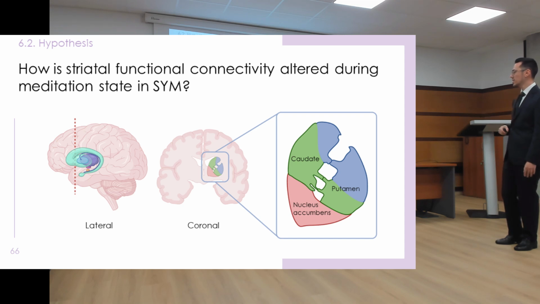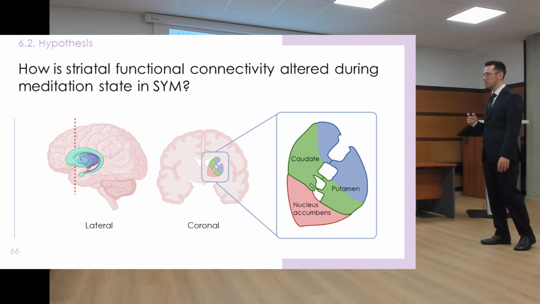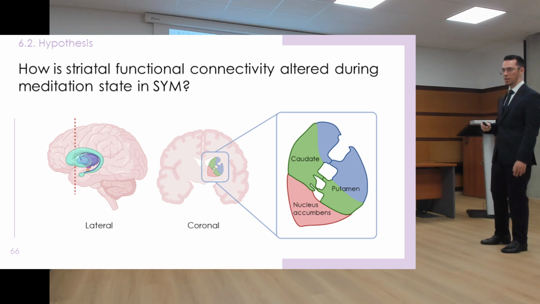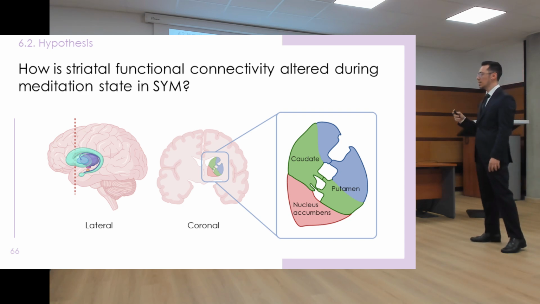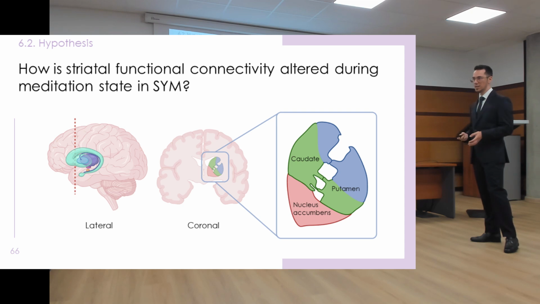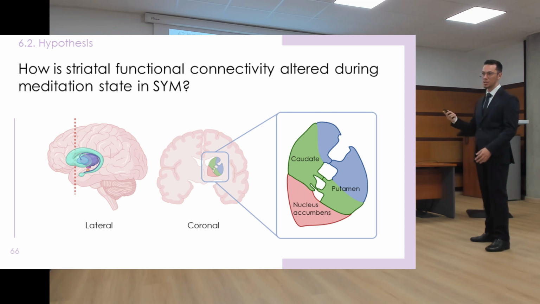So in this case, it can be hypothesized that Sahaja Yoga meditation would have effects on the striatal functional connectivity with key nodes of different main networks, both during the meditation as well as when comparing resting state between meditators and controls. This would translate in state and trait effects, or long-lasting effects.